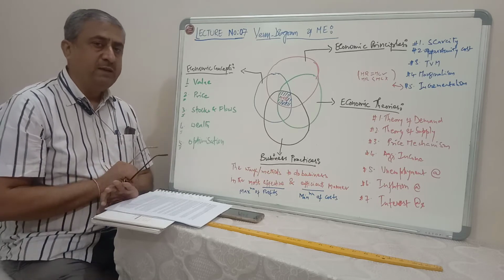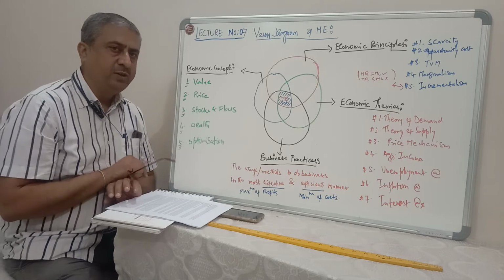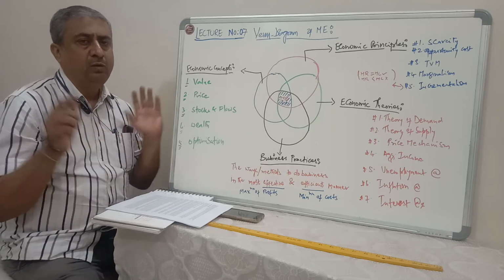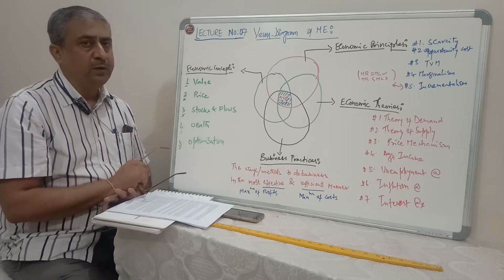They will try to choose the best alternative. The best alternative in this case will, of course, be Surf Excel because it's a product which has been selling for years. That is what we mean by the theory of demand.